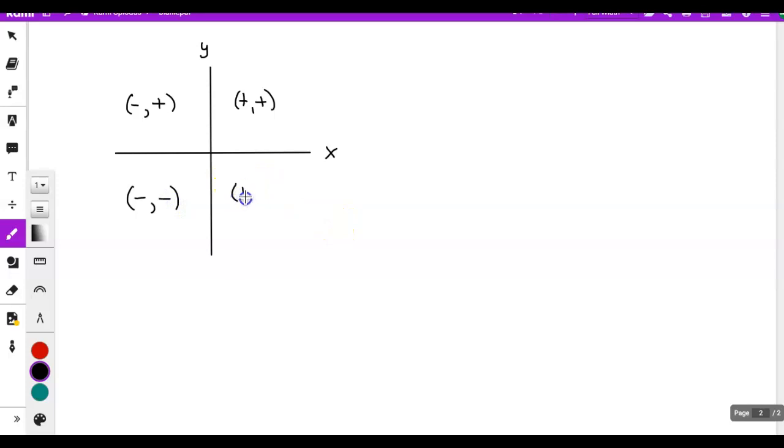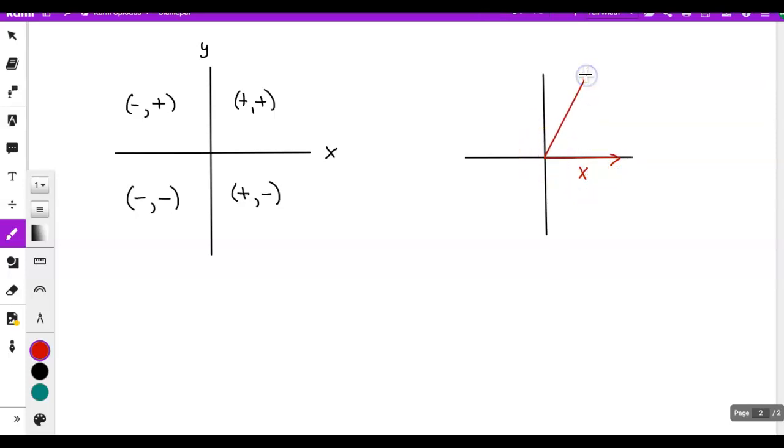And then in the fourth quadrant, your x's are positive and your y's are negative. That actually carries over to the values of the trig functions. So let me show you that. Let's say I draw an angle, and I'm just going to go ahead and draw it in the first quadrant, okay? And I'm going to call this side x.